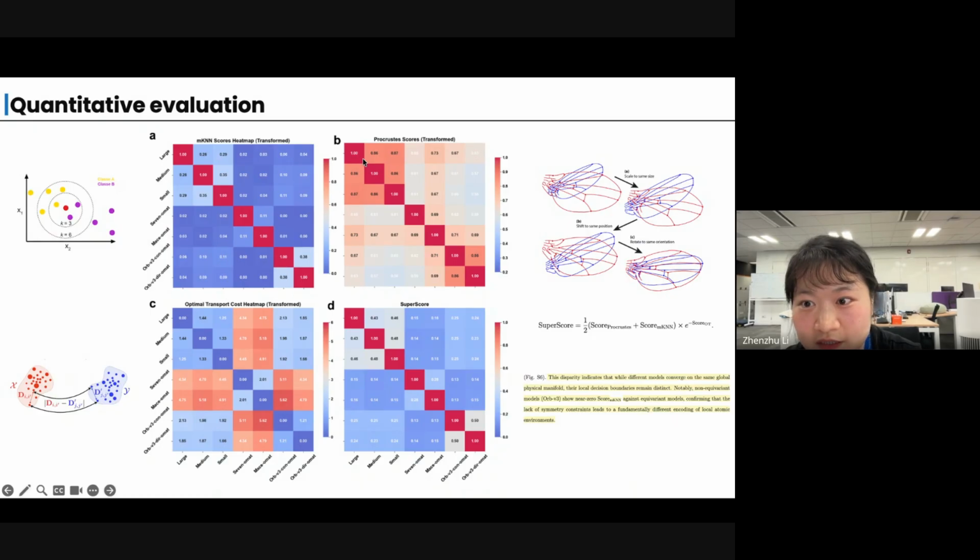As we can see, all the colors are nearly at the red end, where one means they are exactly the same. And all of these values are above 0.5, which means that in the topological sense, the distributions of all the models are aligned.